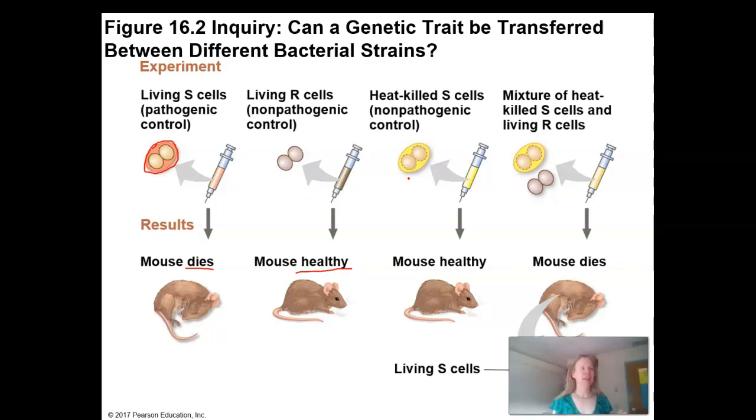Now, if you take the lethal bacteria, but you cook it, you heat it up, you can kill that bacteria, and then when you inject it in the mouse, it lives. But you put the heat-killed bacteria, which is dead and not going to harm a mouse, in with this non-pathogenic strain, the one that also didn't kill the mouse. Look at this. Here's the one that keeps the mouse alive and the one that keeps the mouse alive.